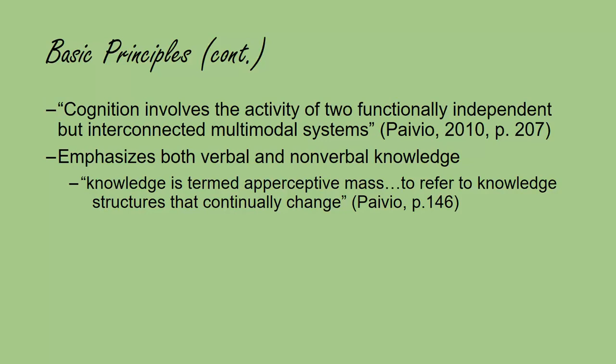Cognition involves the activity of two functionally independent but interconnected multimodal systems. Paivio stated in his research that you have two parts to your brain, one that involves the verbal, the other that involves the nonverbal. So you have two different systems that work to help you with knowledge, understanding, comprehension.